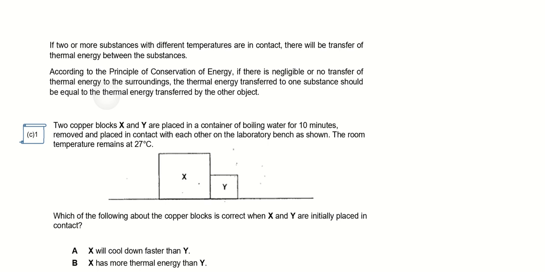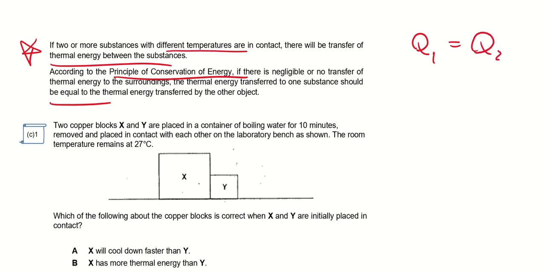Okay, take note, if two or more substances with different temperatures are in contact, there will be a transfer of thermal energy. Now, according to the principle of conservation of energy, if there is negligible or no transfer of thermal energy to the surrounding, thermal energy transferred to one substance should be equal to the thermal energy transferred by the other object. If these two are in contact and they transfer energy, can I say the transfer from object 1 to object 2 will be the same?